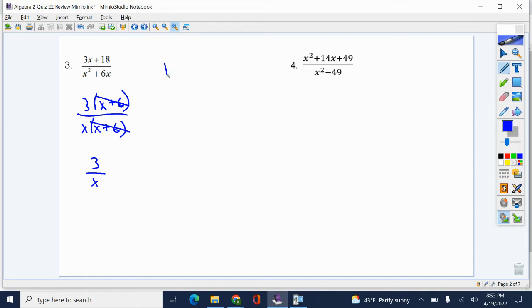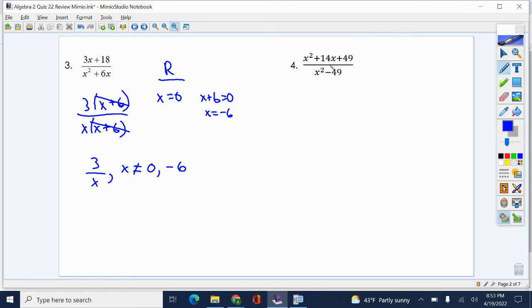So in this case, my restrictions, I'm not writing the whole word, x literally equals 0. That's the first factor. Also, x plus 6 to equal 0. So x is -6. So my answer is 3 over x, where x is not equal to 0 or -6.